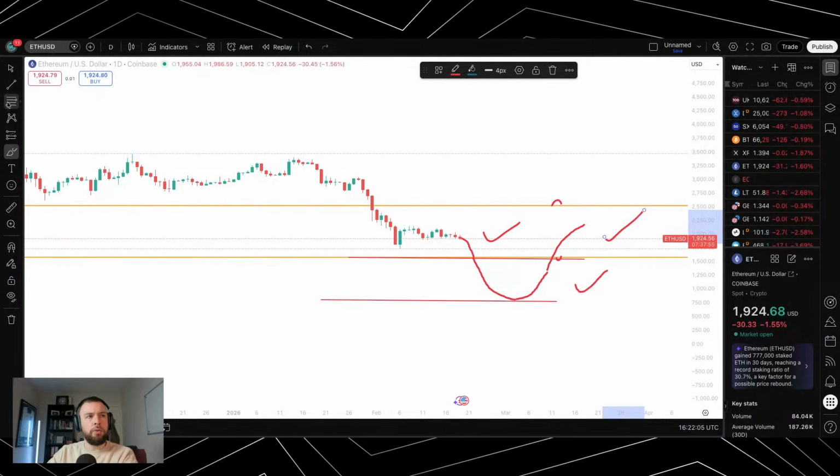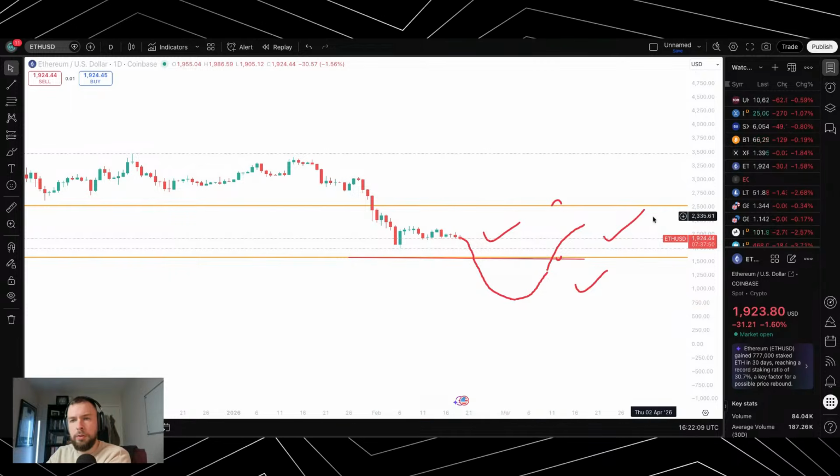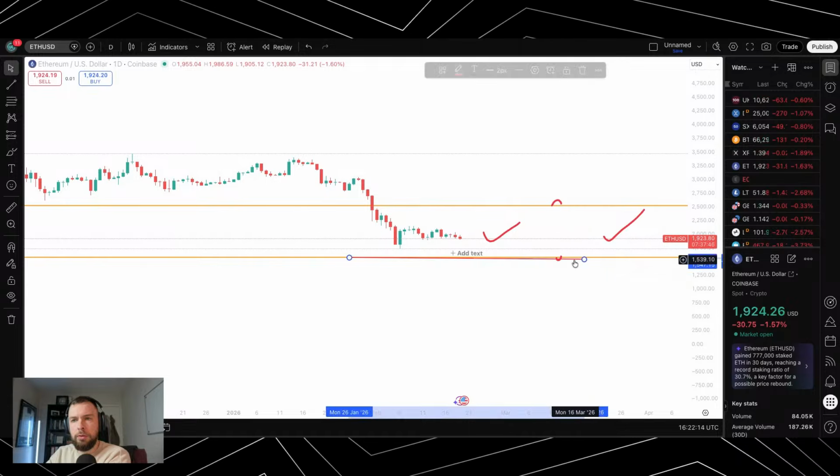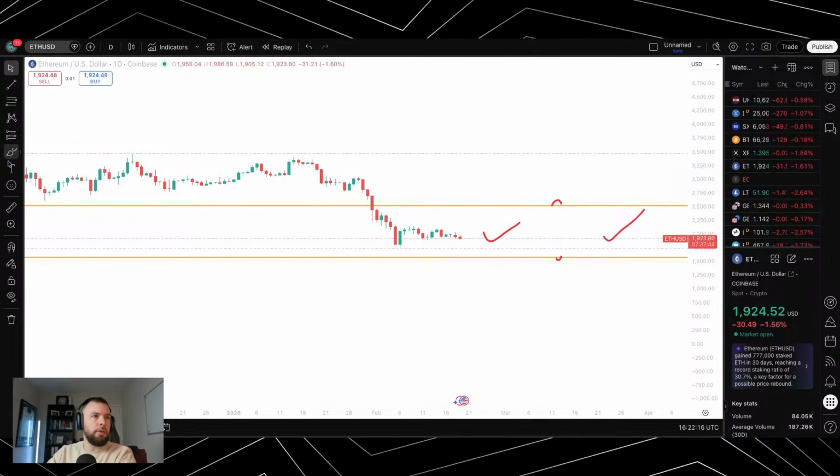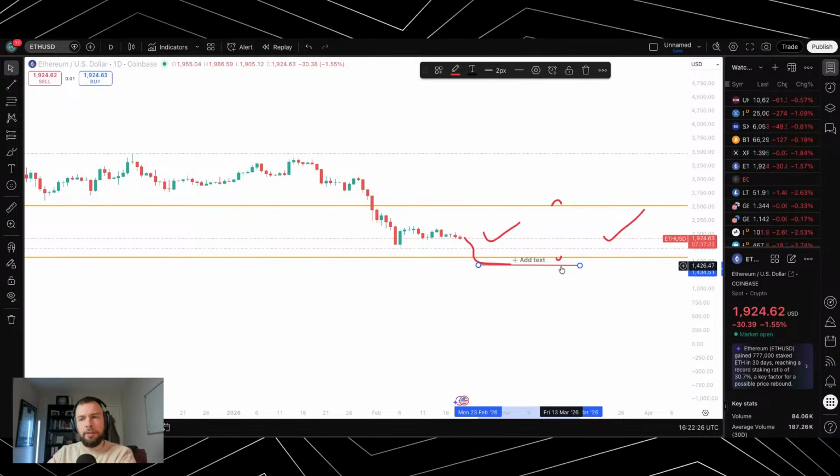Or you can overlap, and let's say the price just does this. You can overlap the ranges, not rebalancing, by doing this and this.